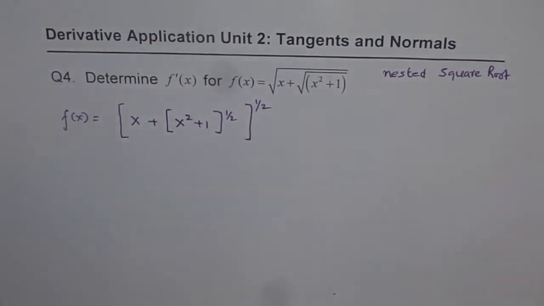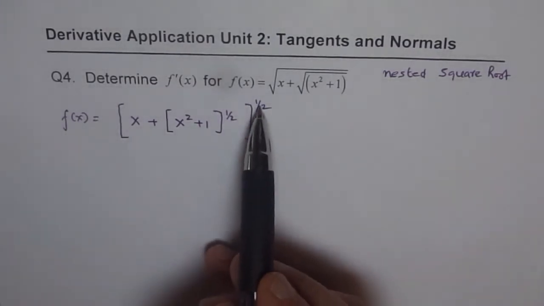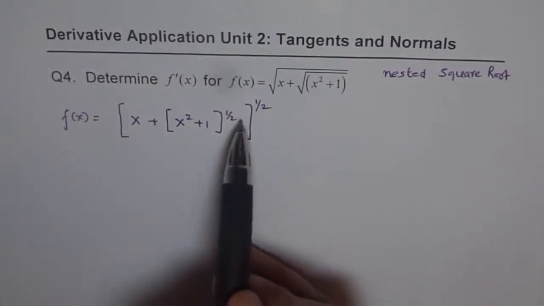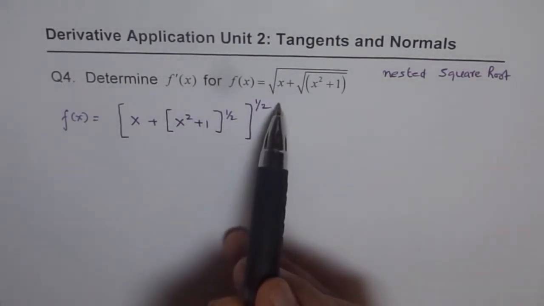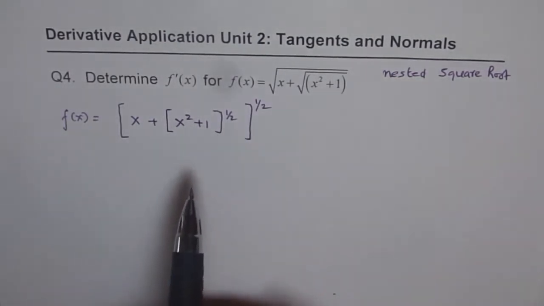So this is what we have, and we need to find the derivative of this particular function. So we can apply the power rule here. That means half times all this to the power of half minus 1 times the derivative of the inside function. Do you understand?